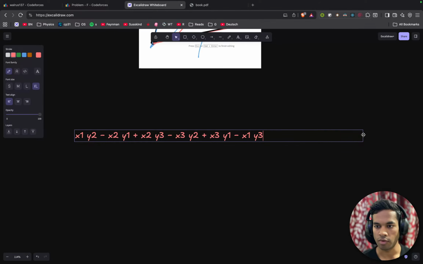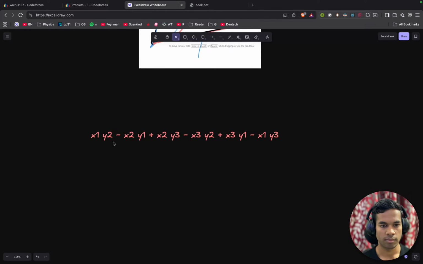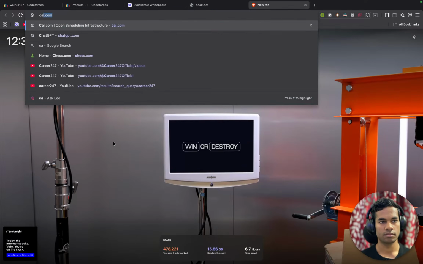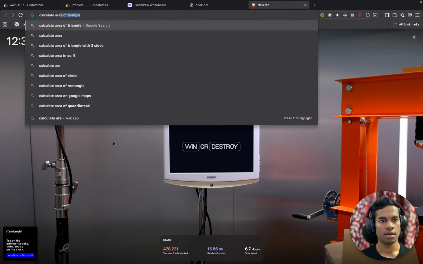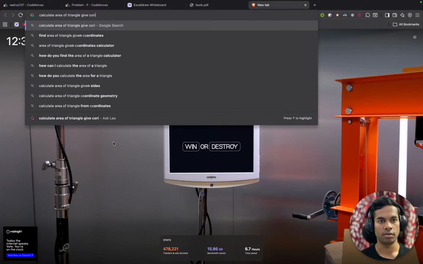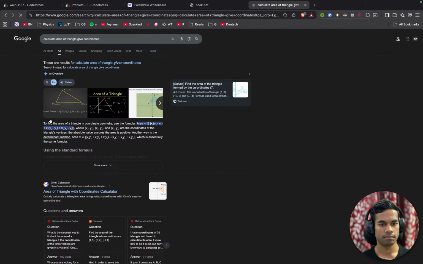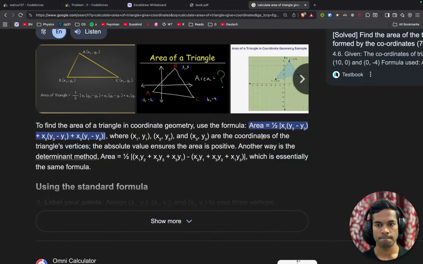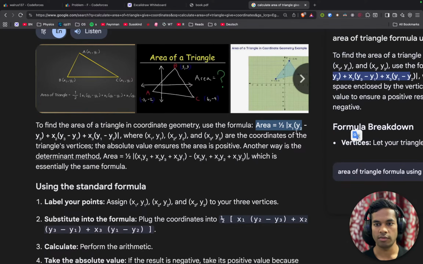Is this the same formula that we saw before? Area of a triangle given coordinates. Here we have half and we have taken stuff common.